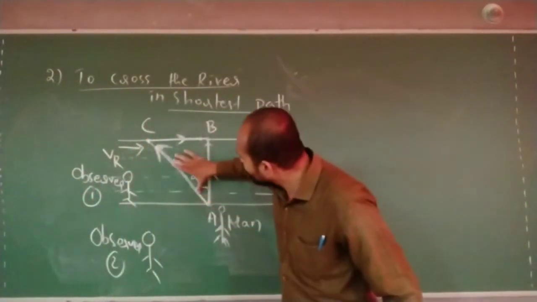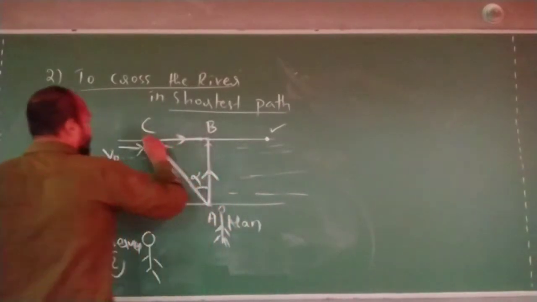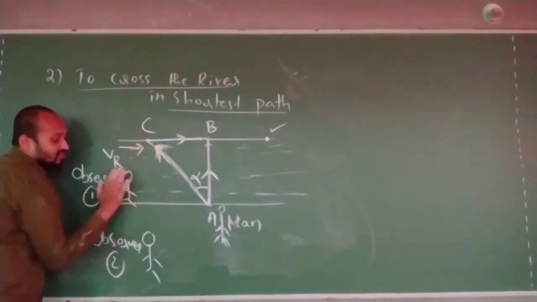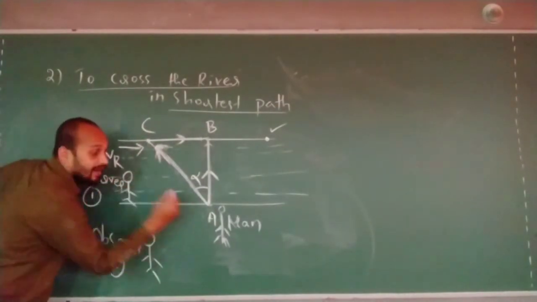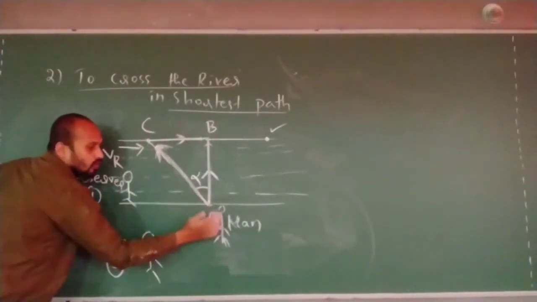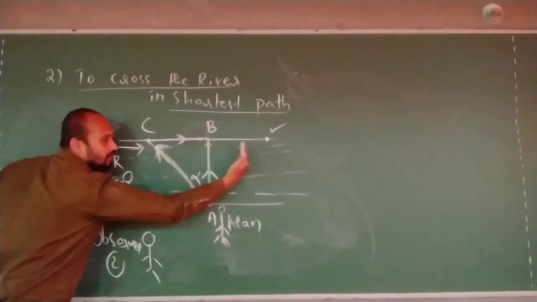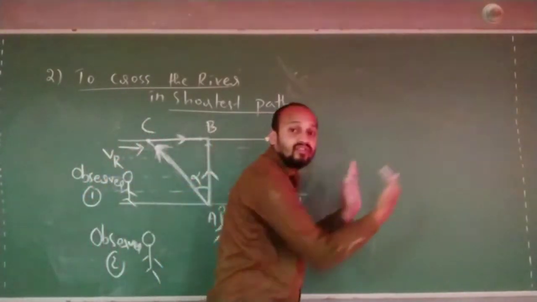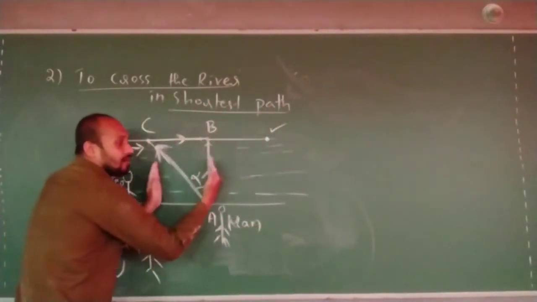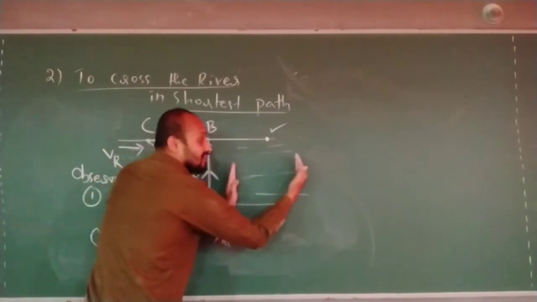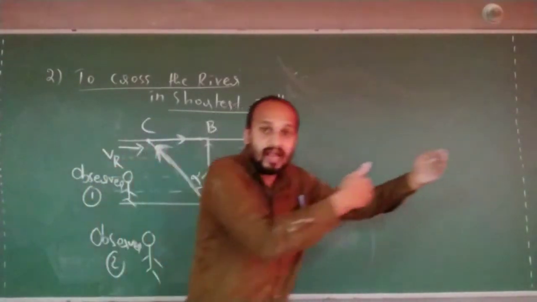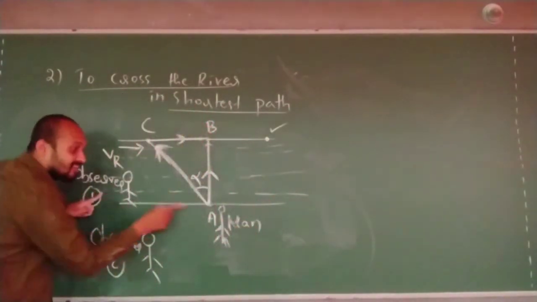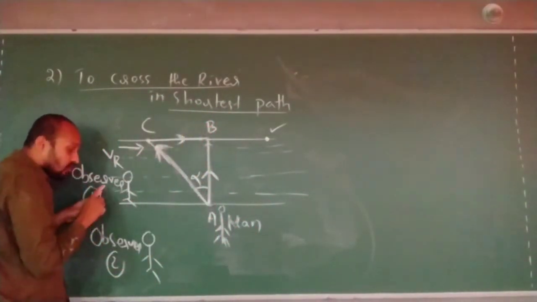So this displacement which is happening, the man will move like this when I am the observer in the river and seeing this, because the river will push him like this. I am also in the river, I am also being pushed like this, such that both are being pushed like this.